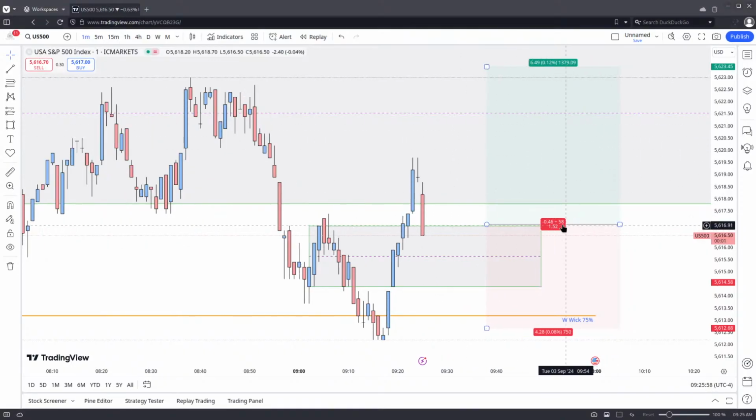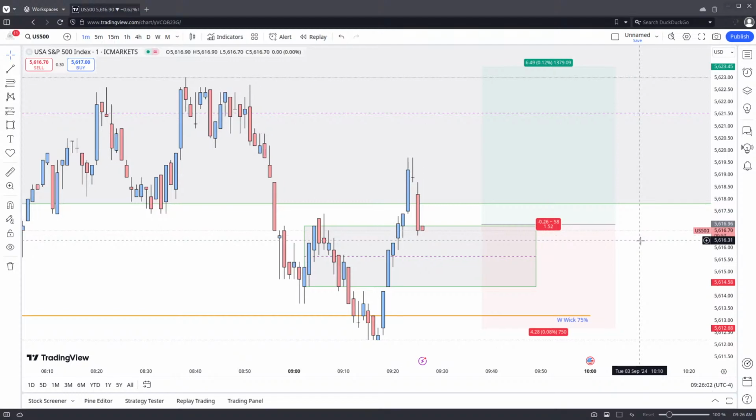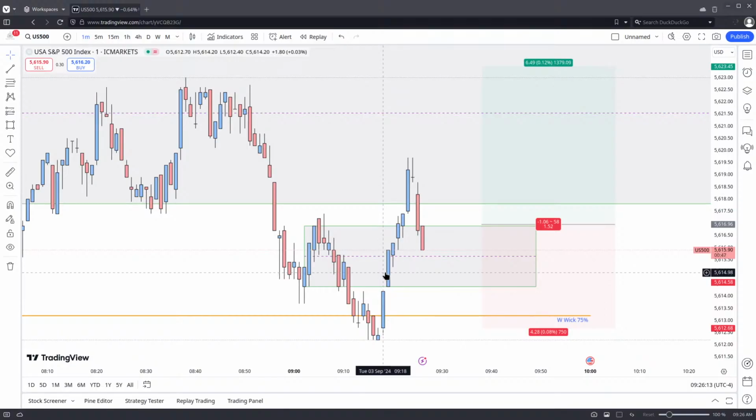So we're trading into that level. Now I need to see some rejection. If we do get rejection, looking at these inside of these inefficiencies, these fair value gaps, if we could trade down into that, coupled with this breaker block, and get a rejection, then that would be a possible entry long.